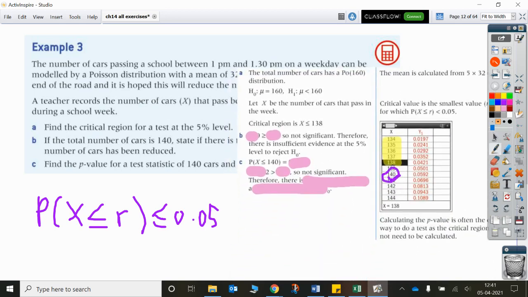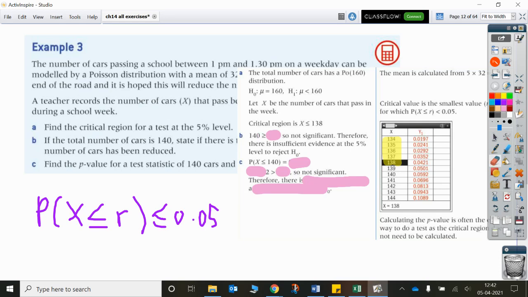But at the 5% level, 140 gives us a p-value which is greater than 5%. So at the 5% level, we could not accept that this is any different than some random chance with the original distribution. Okay, let's see what they're saying.